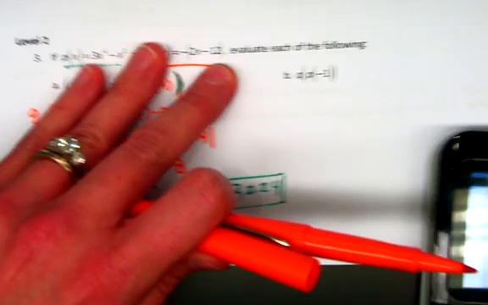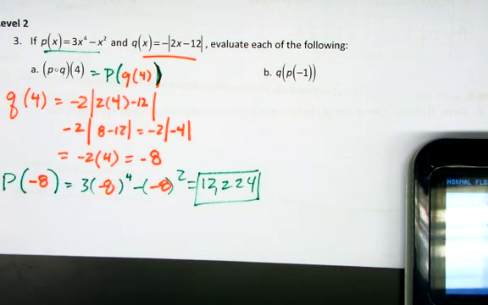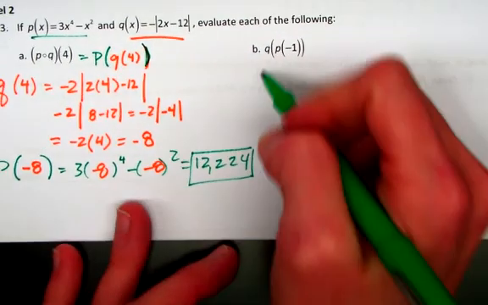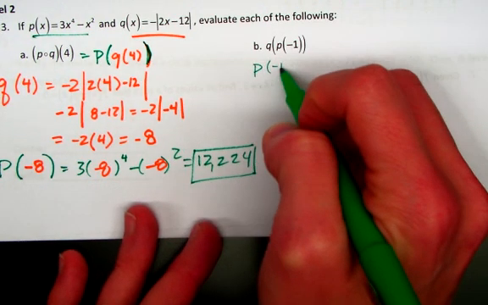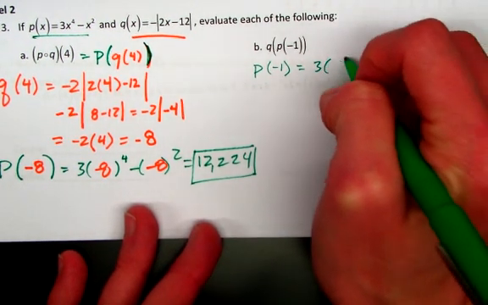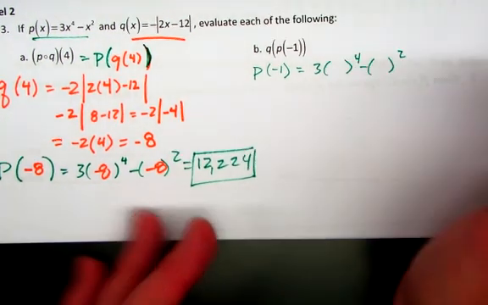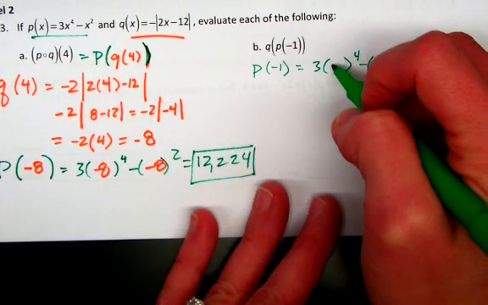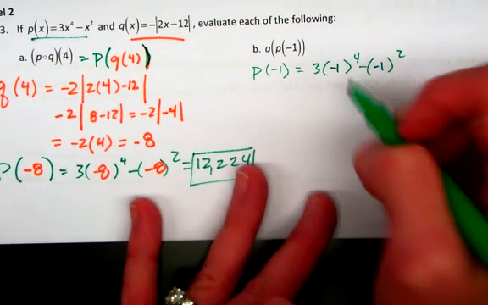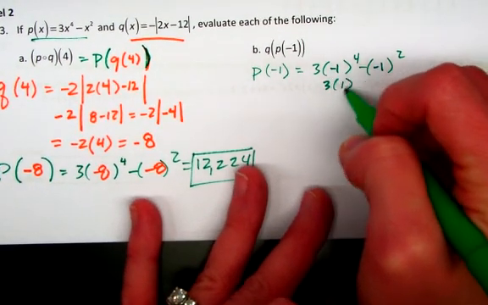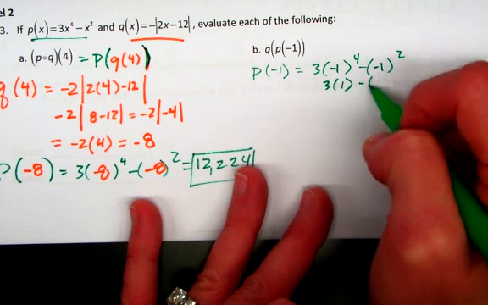Okay, now let's try this again. Now we're going to do Q of P of negative 1. So now we're going the other way. I need to figure out P of negative 1 first. So that's 3 parentheses to the 4th minus parentheses squared. And now I need to plug in negative 1 and negative 1. So this becomes 3 times positive 1 minus negative 1 squared is also positive 1.